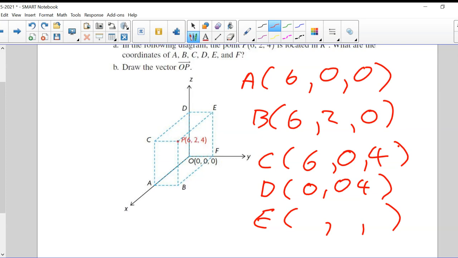Where is E? How do I get to the point E? And as usual, if anybody needs help, you just have to ask, and I'm quite happy to give you that help. Let me circle that E for you, by the way.